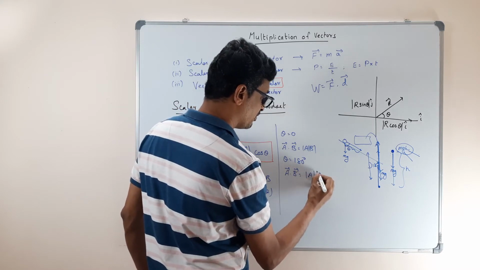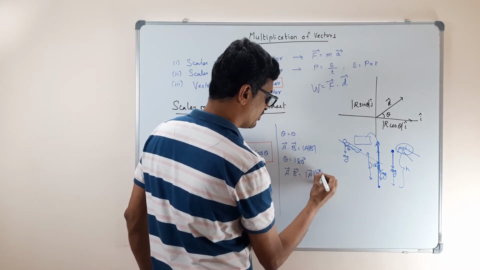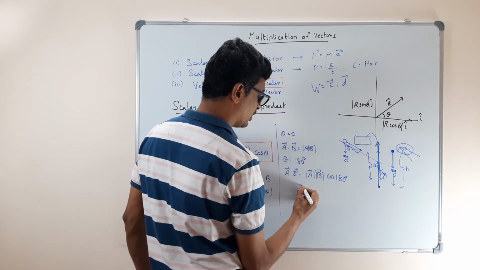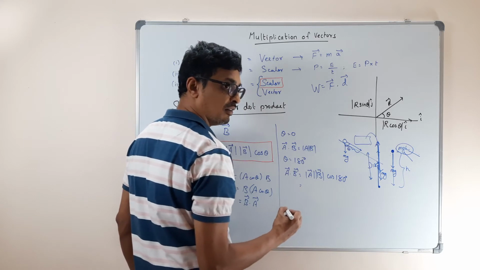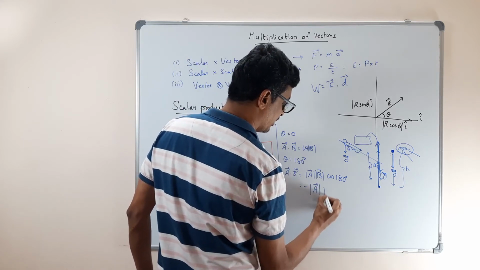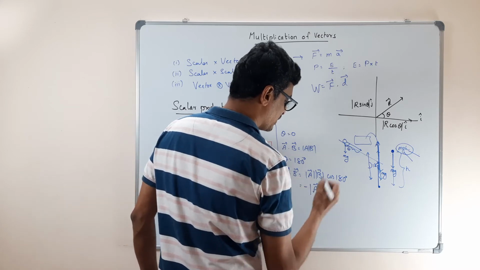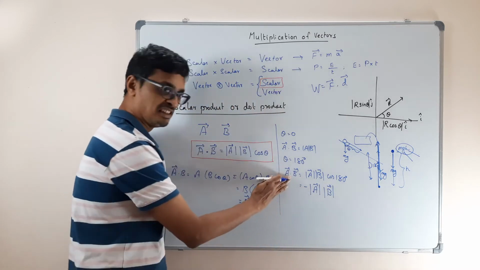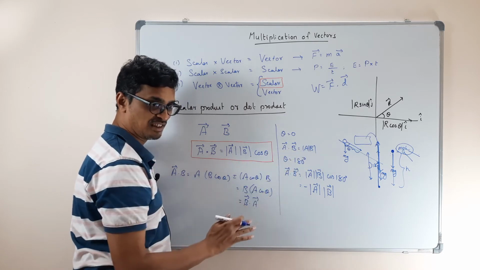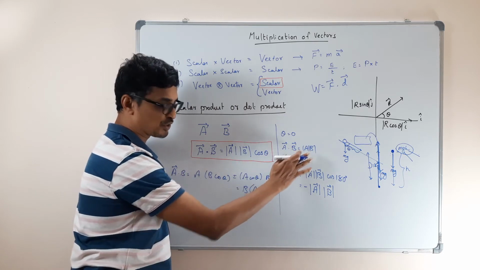Cos 180 will be what? Same? Cos pi is what? 1 or minus 1? So this will be minus A into B. In this case, this is very interesting. If they are along the same direction, you get the dot product to be positive.